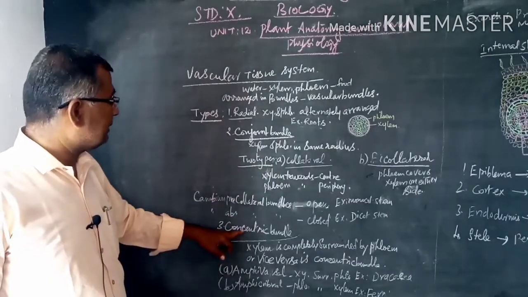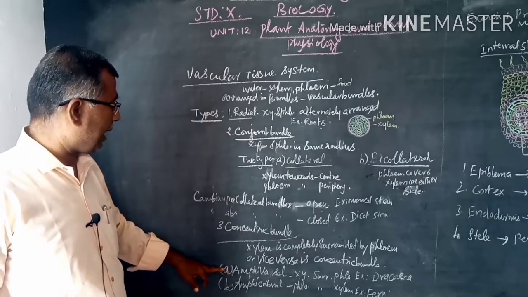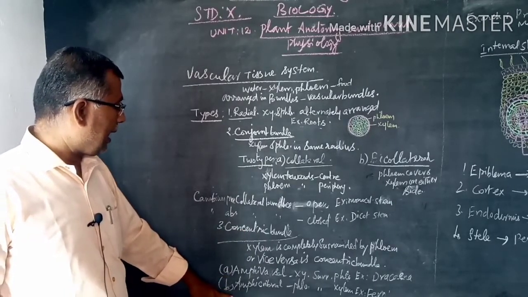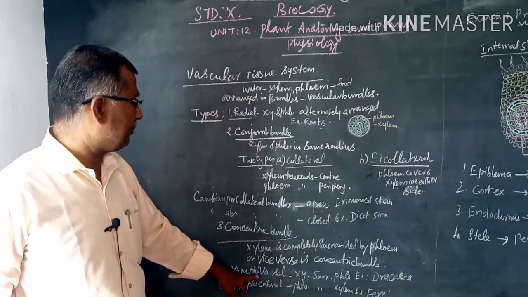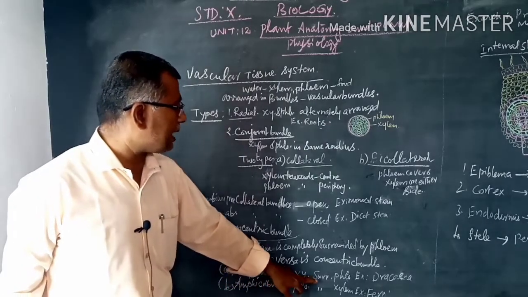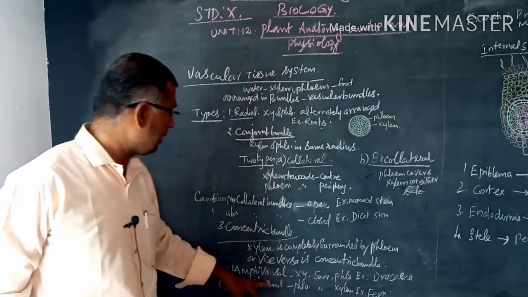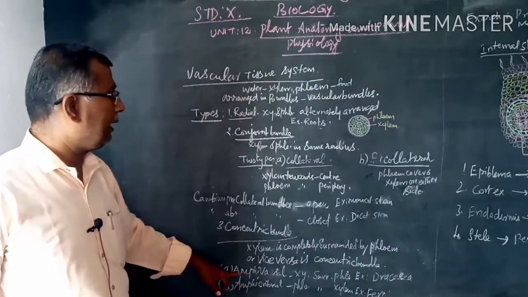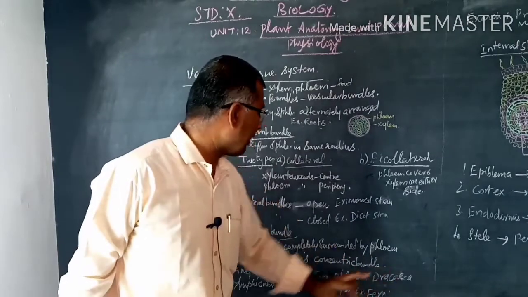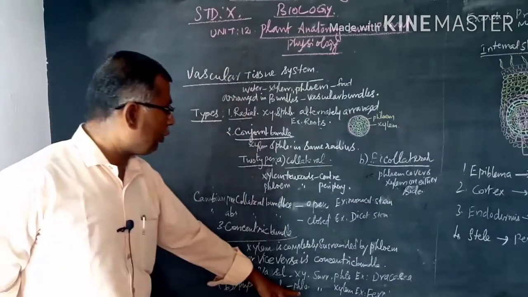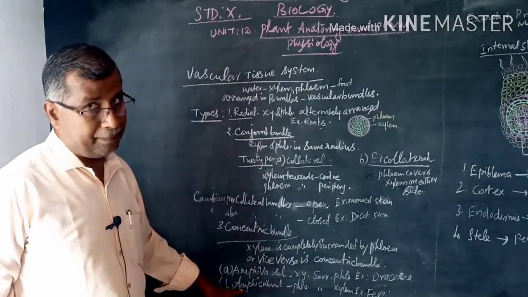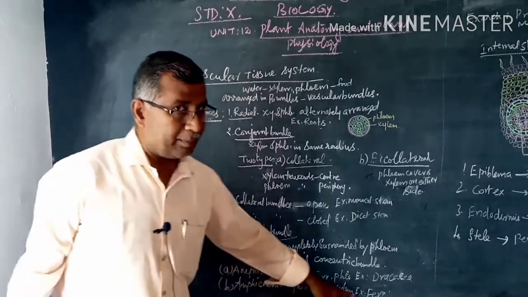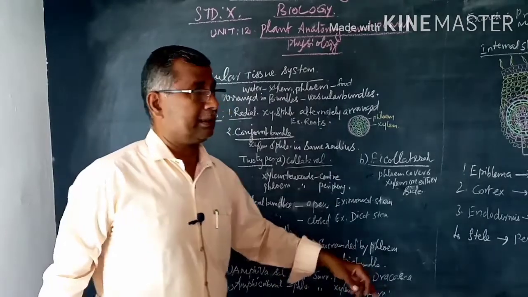Understand? This is further divided into two types, amphivasal and amphicribral. Amphivasal means the phloem is surrounded by xylem. Example, Dracaena. Amphicribral means the xylem is surrounded by phloem. Example, fern.